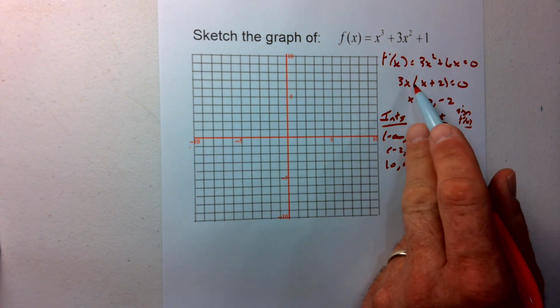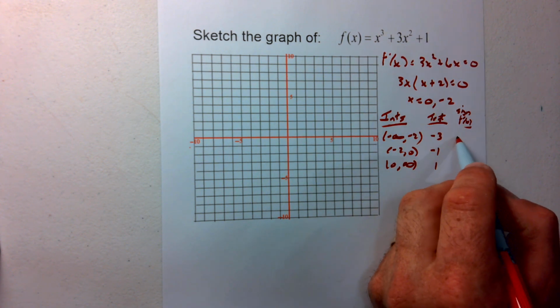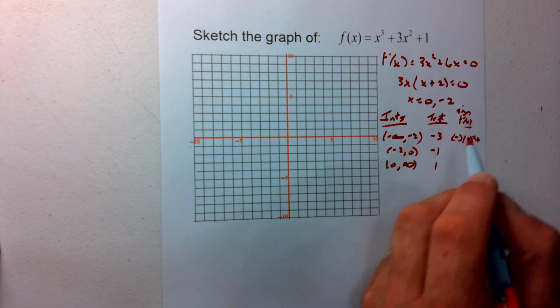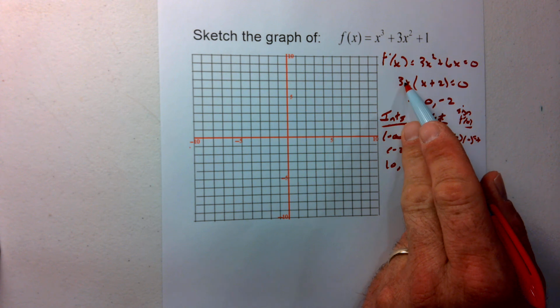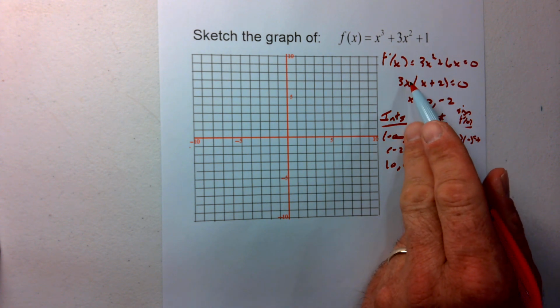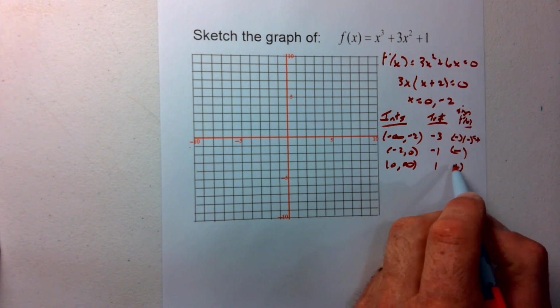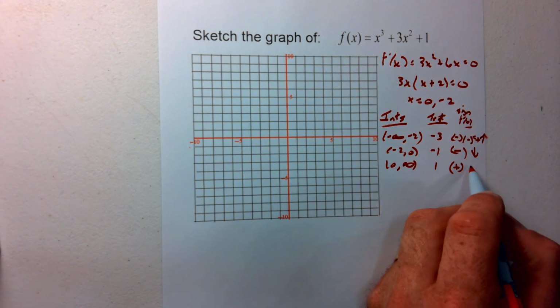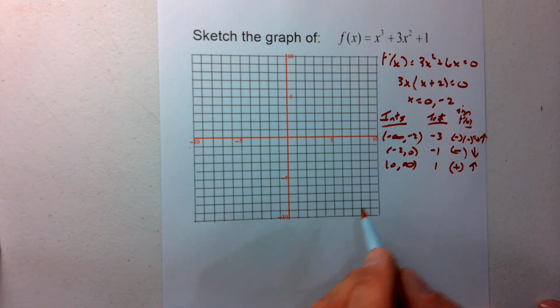If I plug in negative 3, that's going to be a negative times a negative, which is a positive. Negative 1 gives me a negative and a positive, which gives me negative. And then 1 gives me a positive and a positive, which gives me a positive. So I'm increasing and then decreasing and then increasing again.